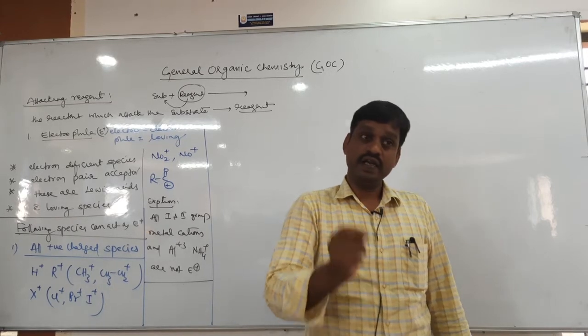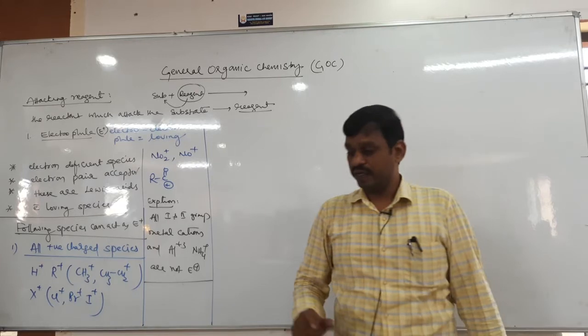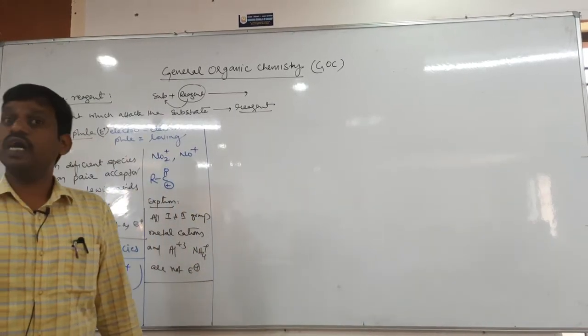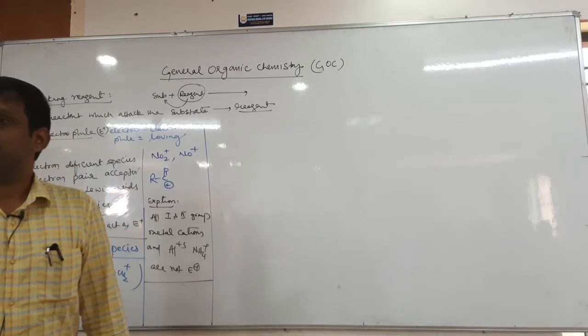Okay. And next, in the case of free radicals and carbenes, a free radical has 7 electrons and a carbene has 6 electrons. So all these are examples of what? Electrophiles.